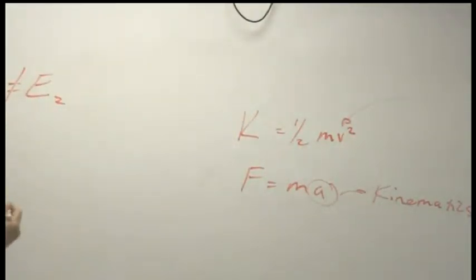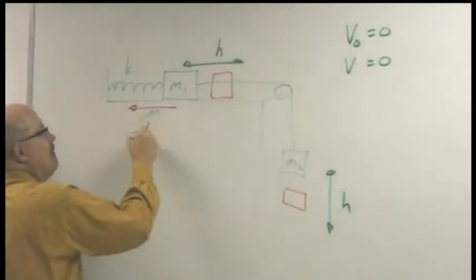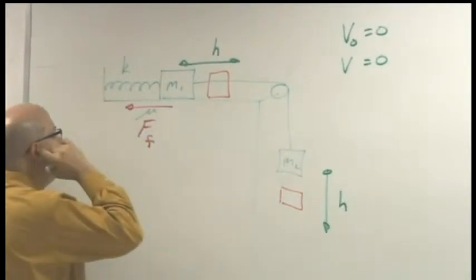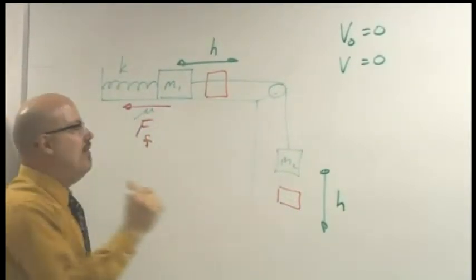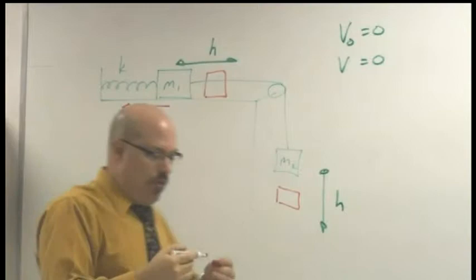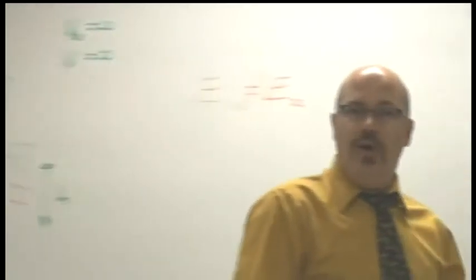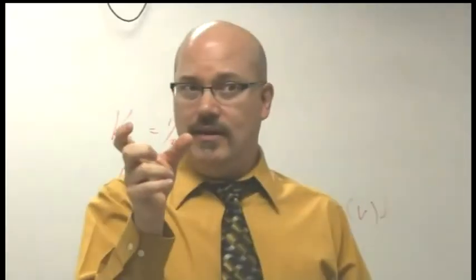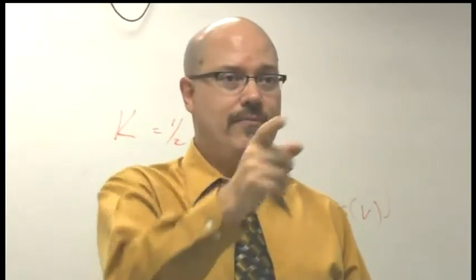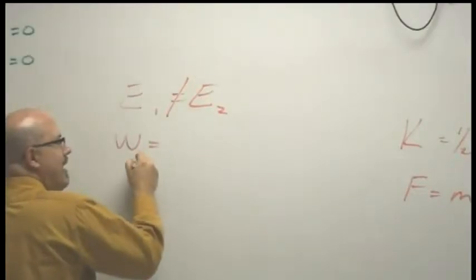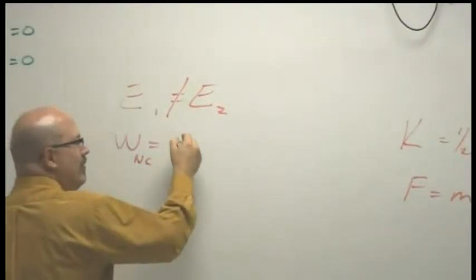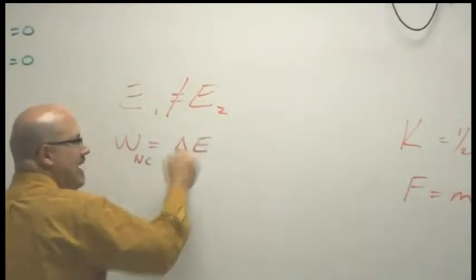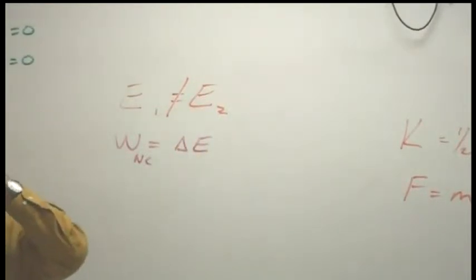All right, so here's the deal. If we don't have conservation of energy because we have this one non-conservative force doing work, the force of friction this way, by the way, that's kinetic friction, then all we have to do is handle that little bit in terms of the work it does. Work by non-conservative forces equals how much the energy changes, of all varieties.